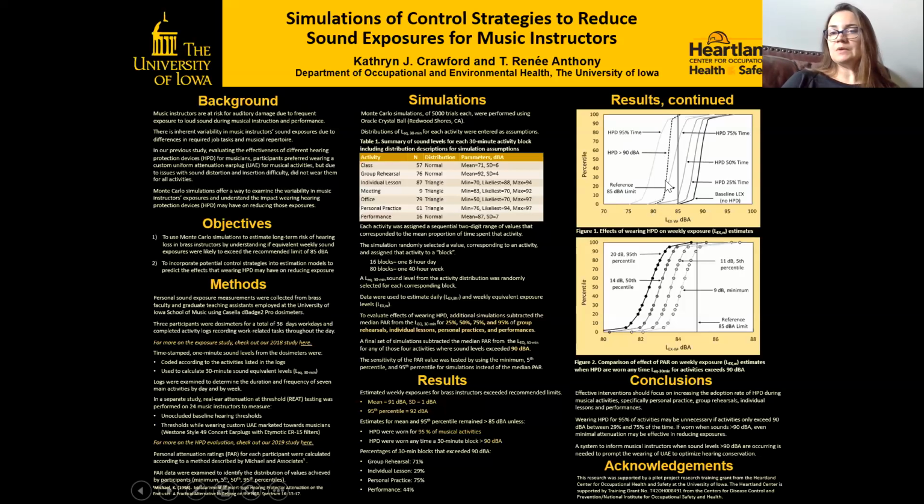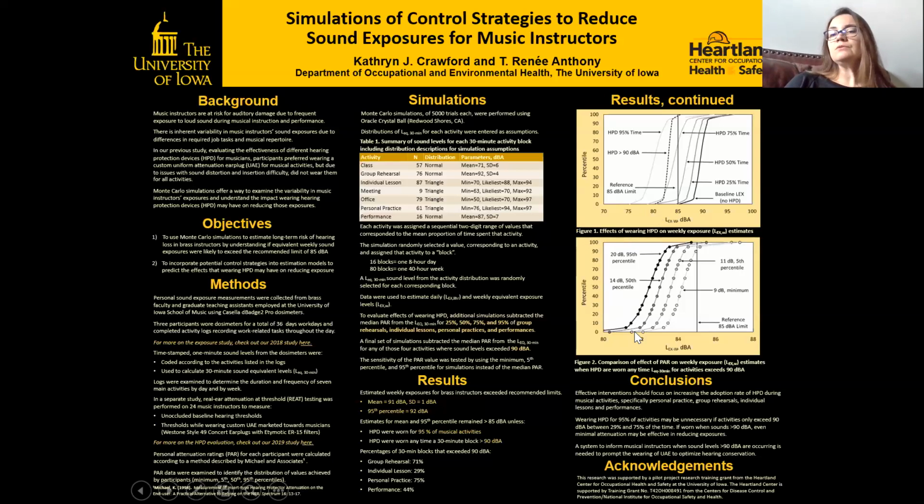And so really what seemed to be the most effective was if we simulated wearing hearing protection devices anytime those activities exceeded 90 decibels. So it's not necessarily increasing the amount of time wearing it, but it's increasing the amount of time wearing them when there's the highest risk of exposure.